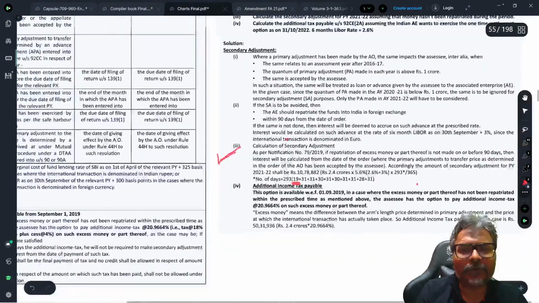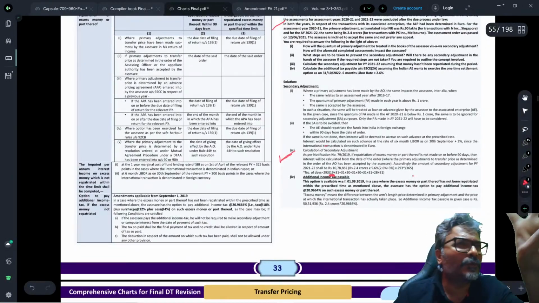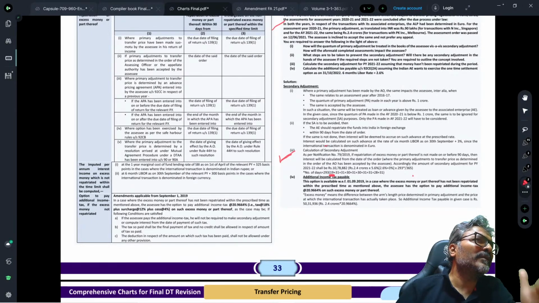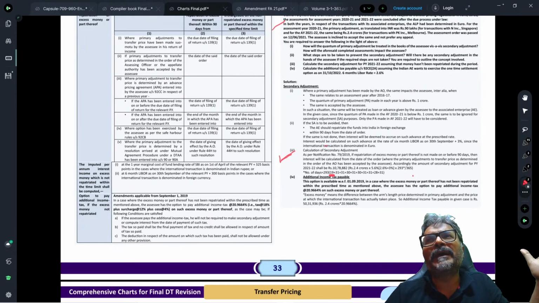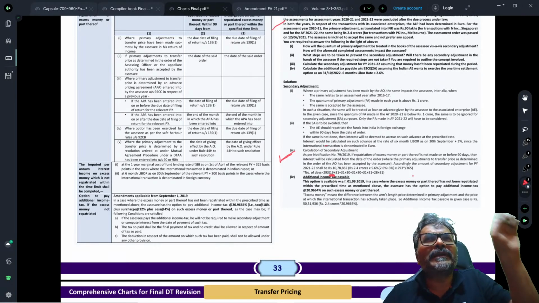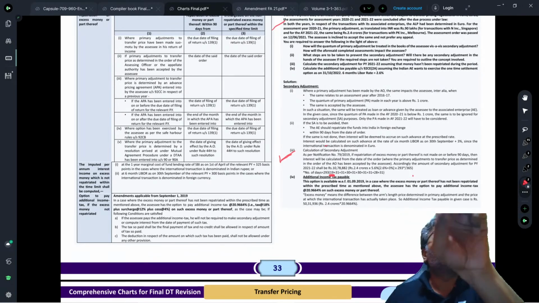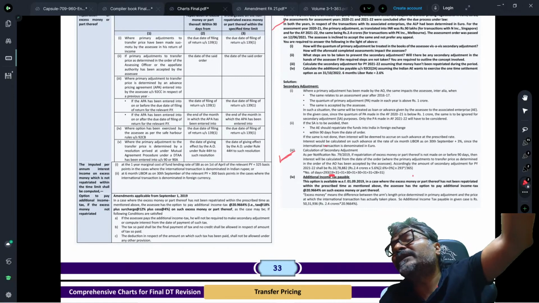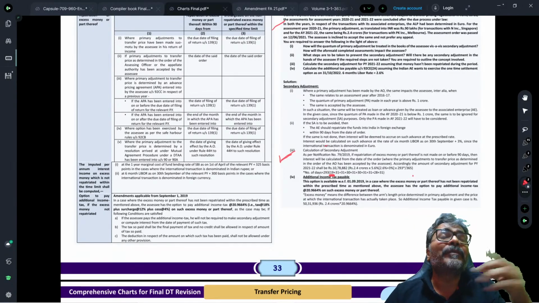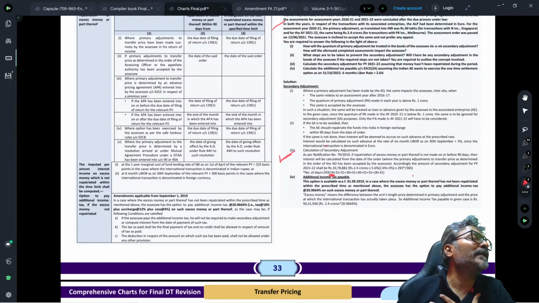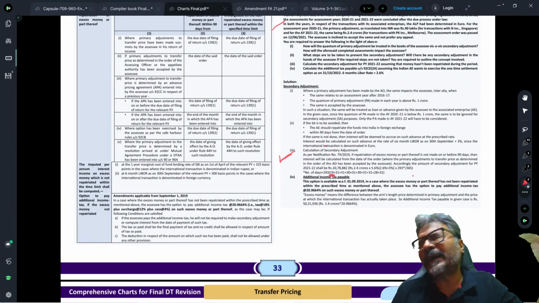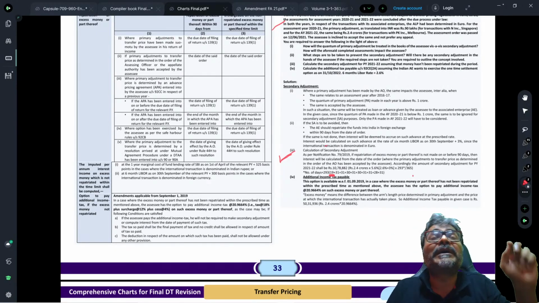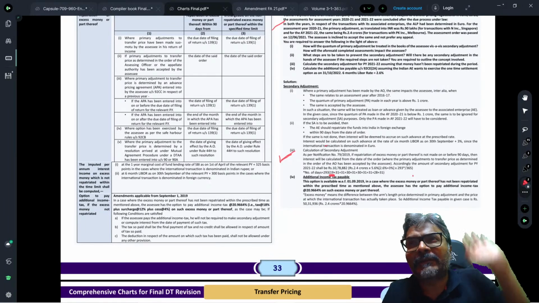Many students are asking, sir, what do you mean by relevant date? In very simple terms, two things. One is, if suo motu the assessee is doing a primary adjustment in the ROI and the adjustment is more than rupees 1 crore, then the due date of filing of the ROI, not the date of filing, is the relevant date.